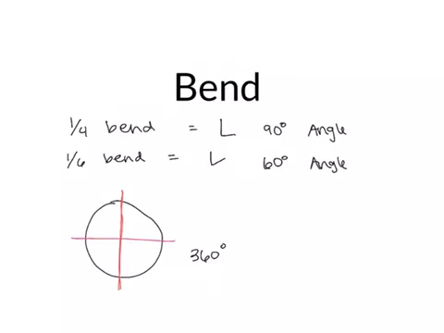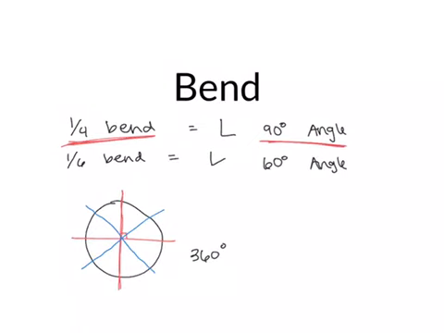Let's say I divide it into 4 sections now. You'll notice of these 4 sections, you are creating right angles, which are 90s. So a 1/4 bend creates 90-degree angles. Okay, what if I divided each of these up again? Now we have 8 pieces.